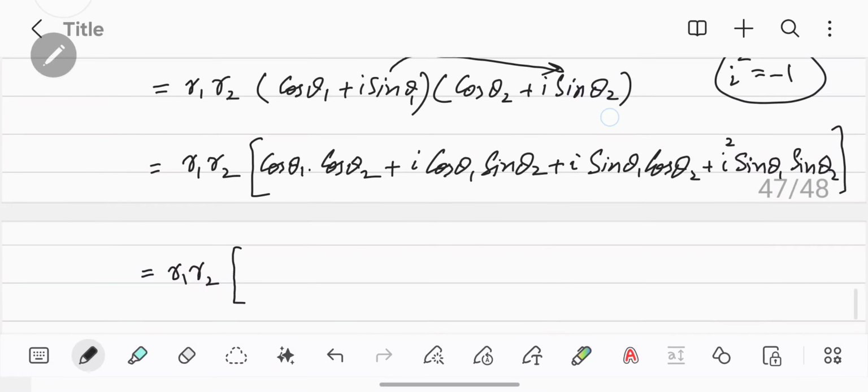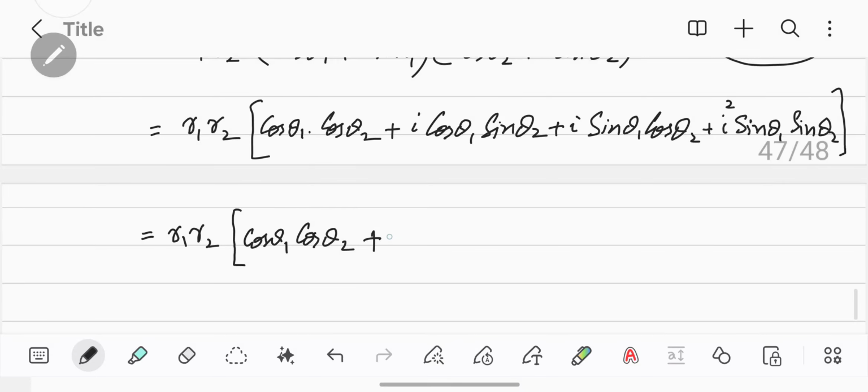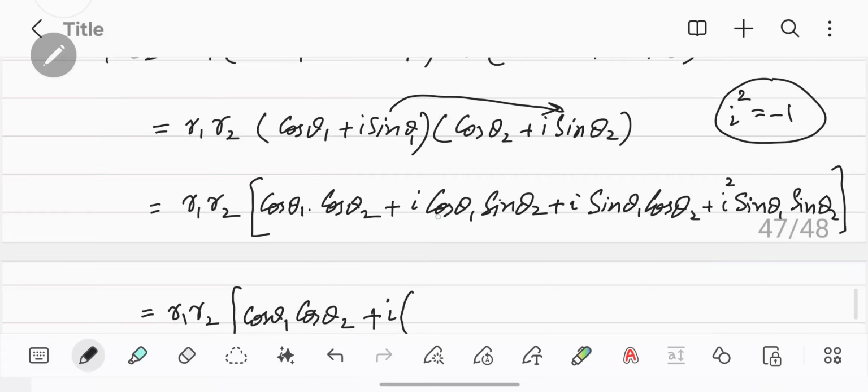Okay, so let me write first cosine of theta 1 cosine of theta 2. You know these two terms, this one and this one, have i common in both, so I can take i common. Inside I will write this term and this term.